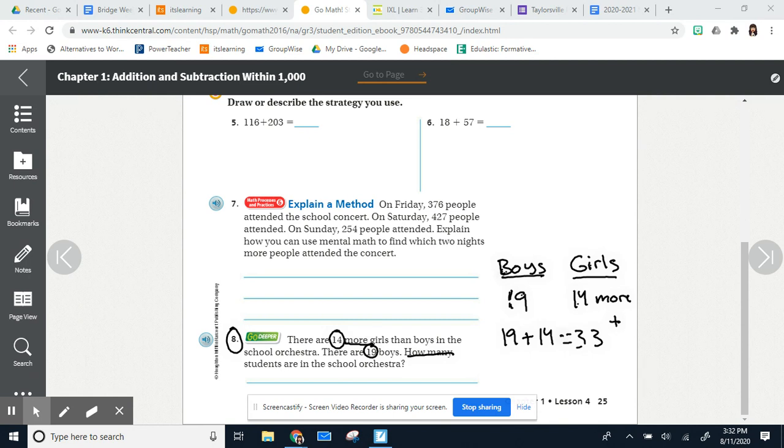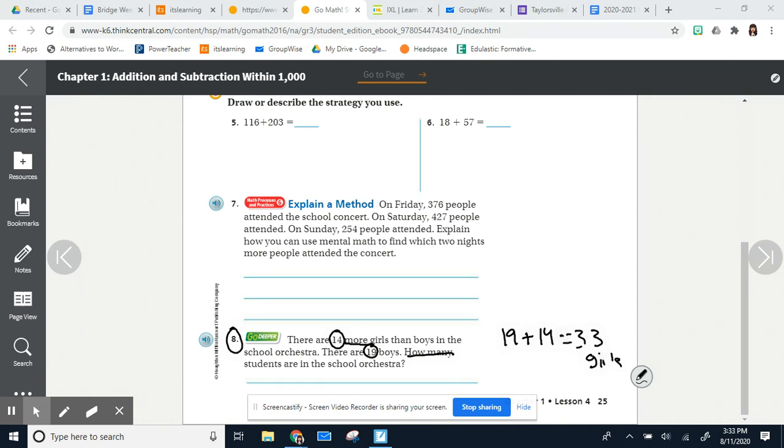33 what? Is it 33 students? Well, we might think that, but here's the thing. Here's the tricky part. It says at the very beginning there's 14 more girls than boys, right? So what I just did here was I found out how many girls there are.